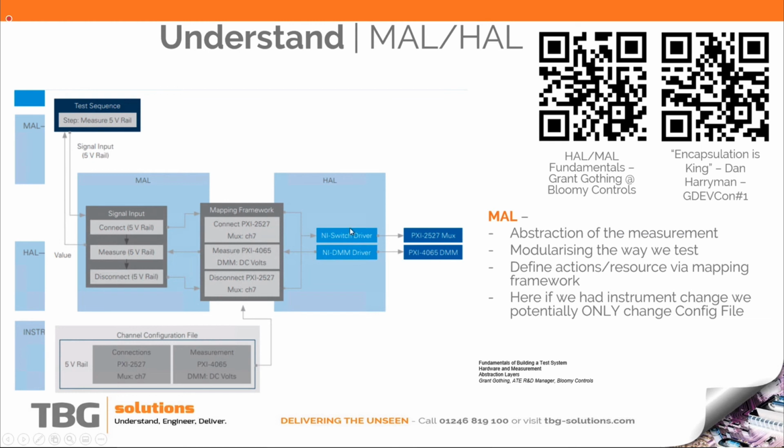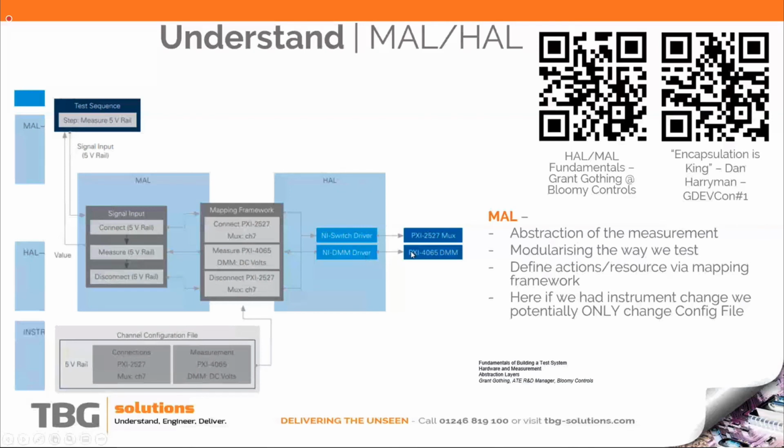In terms of relating to the hardware abstraction, it then knows, based upon alias, or part number, probably not serial number, to call the correct hardware abstraction driver. In this case, NI Switch for the MUX and NI DMM for the DMM.